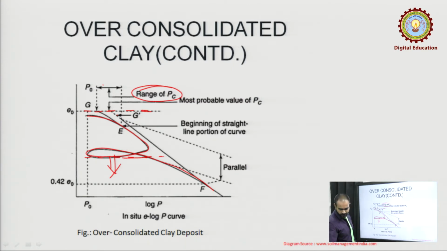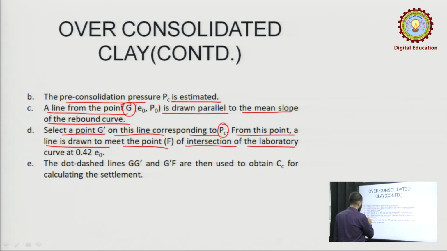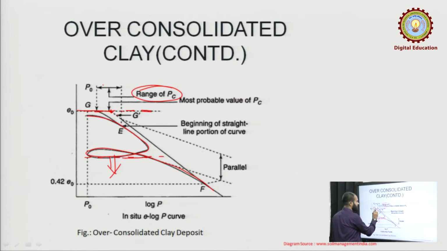Then what we have to do? Select a point G dash on the line corresponding to Pc. From this point, a line is drawn to meet F, the intersection of the laboratory curve with 0.42 e naught. So now, on this line, they have taken a point G dash corresponding to the range of Pc.